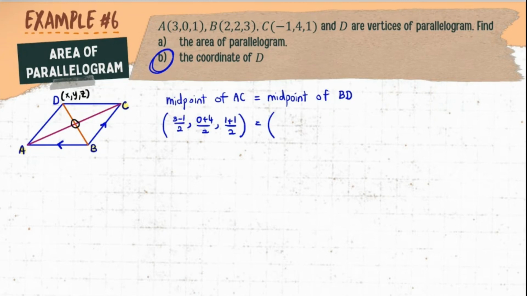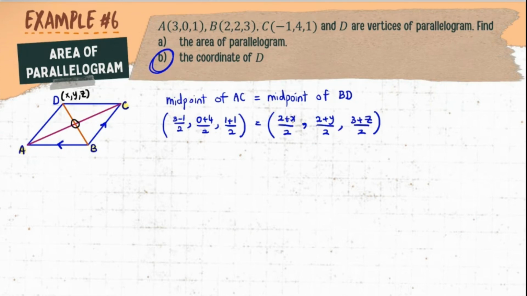Okay, so kita ada 2 tambah X divided by 2, koma, 2 tambah Y divided by 2 dan 3 tambah Z divided by 2. So untuk dapatkan each of the coordinate hanya perlu comparekan sahaja. So sebelum tu saya simplify dahulu.